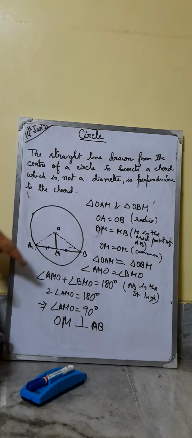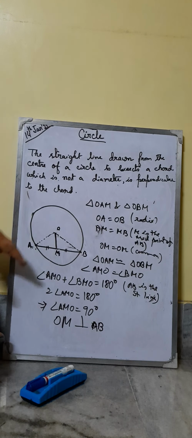The perpendicular to a chord from the center of the circle bisects the chord.